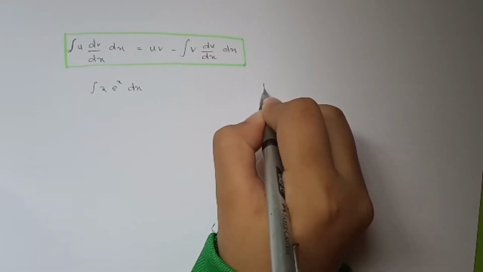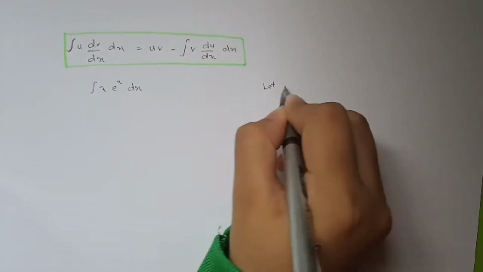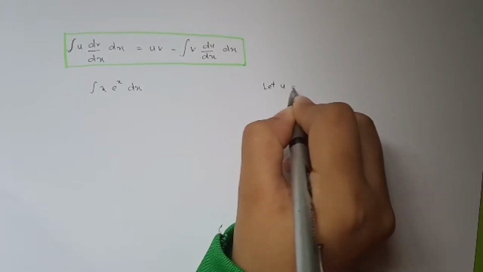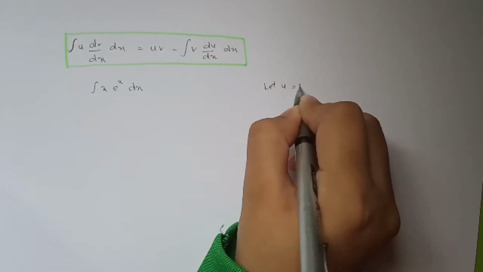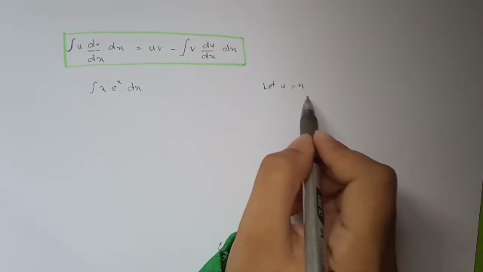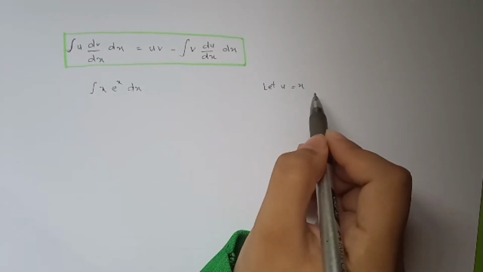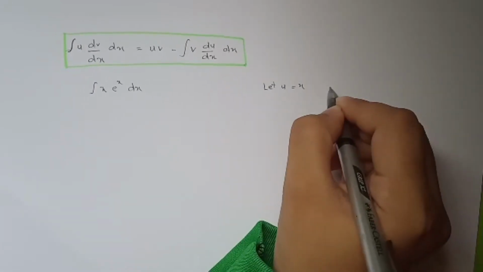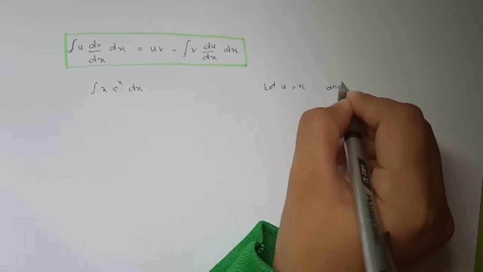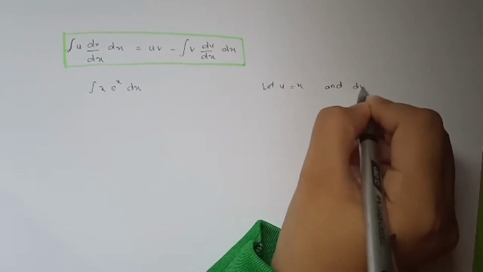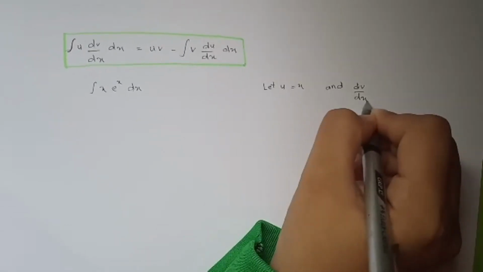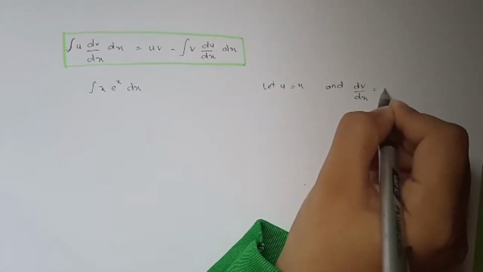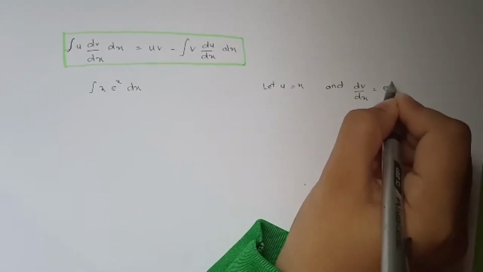Okay, let's say I let u, in this case, u is going to be my x term, and dv by dx equal to e to the power of x.